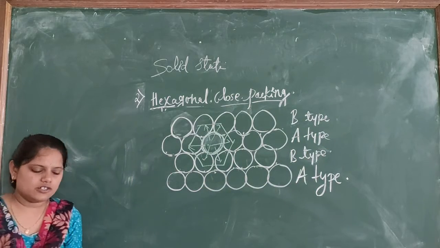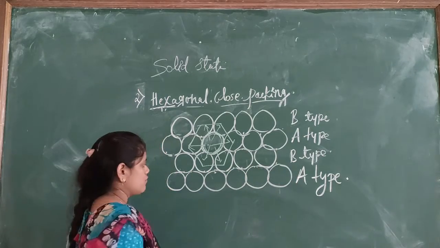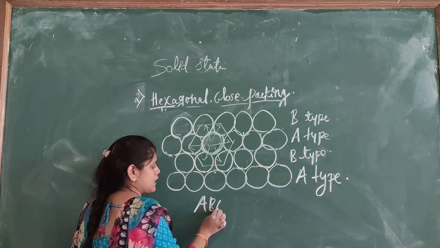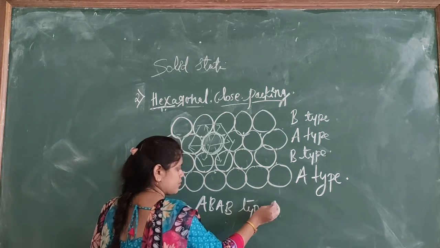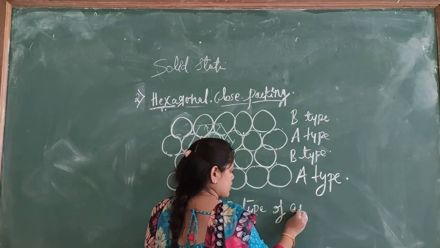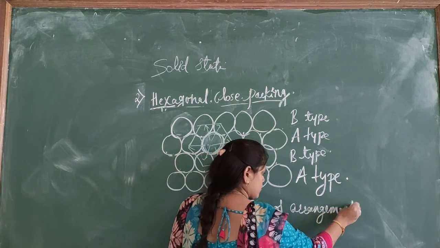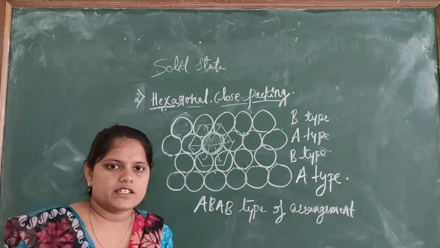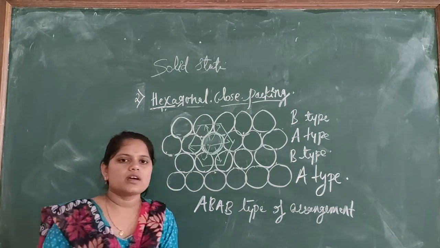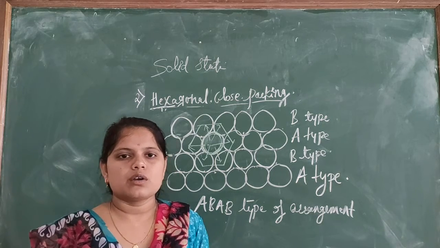So this arrangement of spherical atoms we call AB type of arrangement, or it is also called hexagonal close packing.